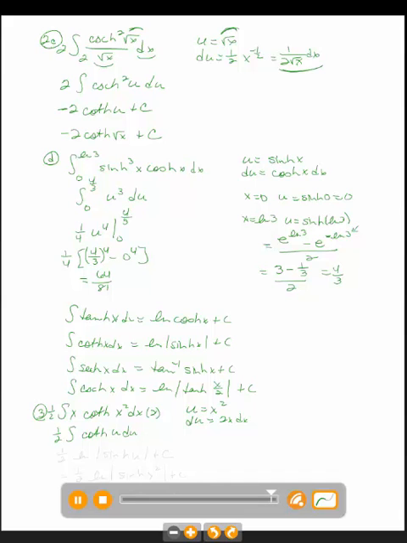And according to my rules, a hyperbolic cotangent turns into the natural log, absolute value, hyperbolic sine, and now we're using u right here, plus c. But now I've got to get rid of the u. So 1/2 the natural log, the absolute value, of the hyperbolic sine of x squared plus c. And since the hyperbolic sine of x squared is going to be positive, we don't actually need the bars. It's not wrong to leave them, but they are not necessary. So I can just write it like this.